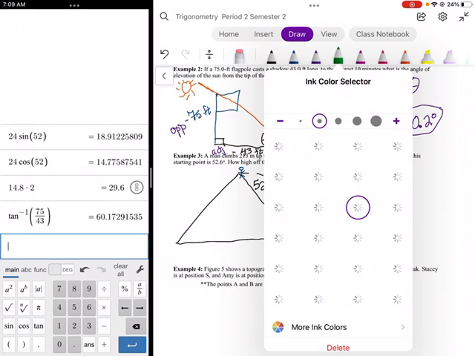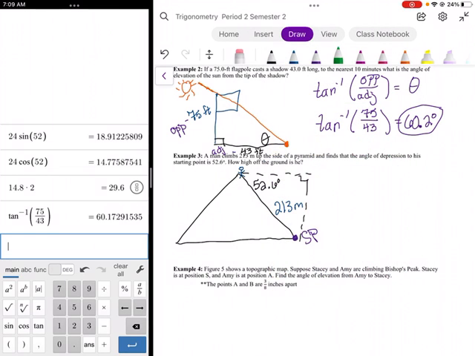So using that information, they want us to figure out how high off the ground he went. So from the person, we have the angle we're using. Our height is going to be our opposite length, and the distance he climbed is going to be our hypotenuse. So this time, we're going to use our sine function, which is going to be opposite over hypotenuse.